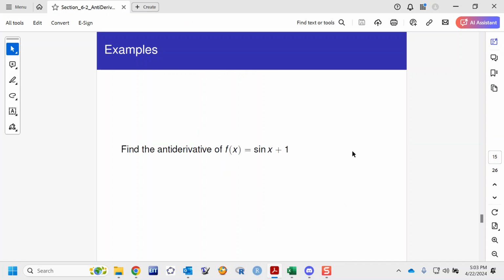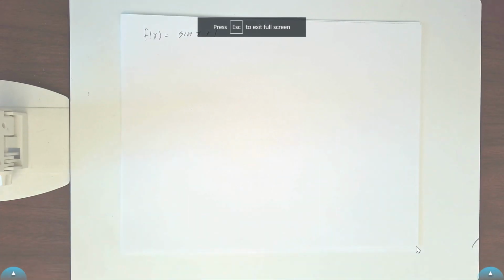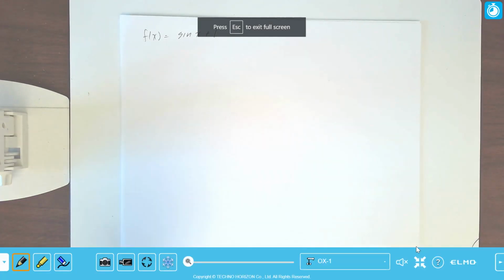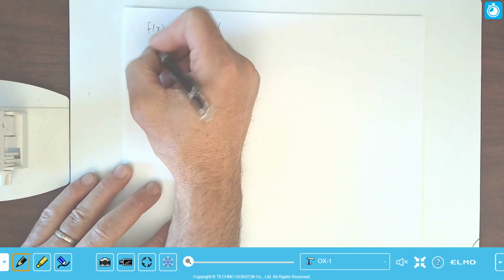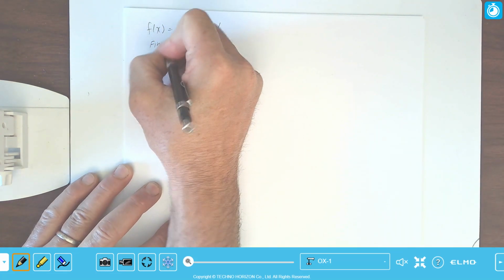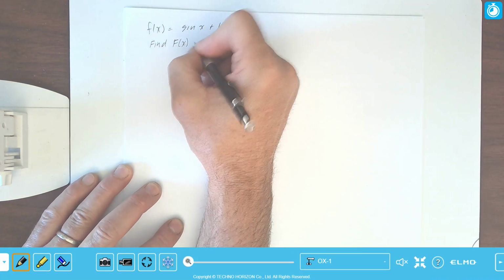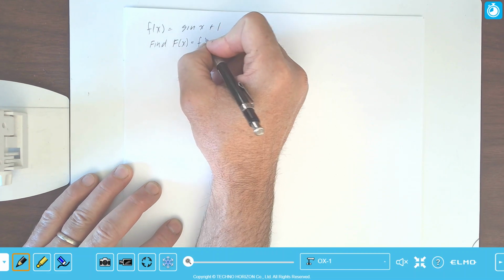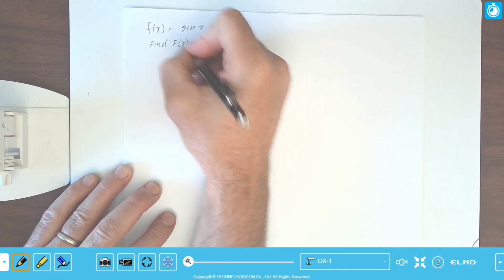Let's try this one. Find the antiderivative of f of x equal to sine of x plus 1. Find big F of x, which is equal to f of x.